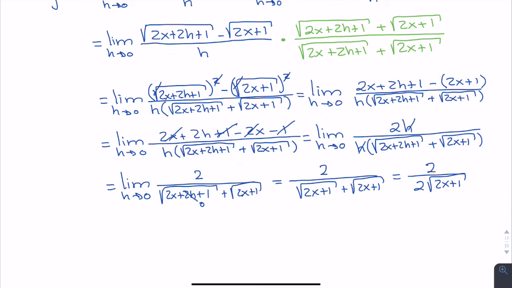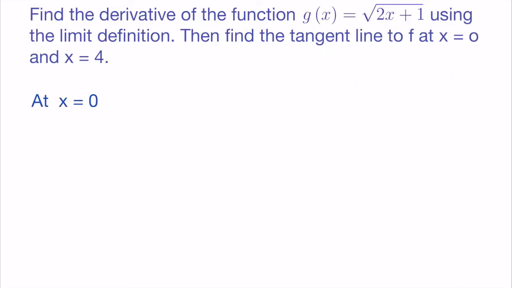And then we can conclude that the derivative of g at x is 1 over square root of 2x plus 1. So the first part of the problem, we found the derivative of g of x, which was 1 over square root of 2x plus 1.